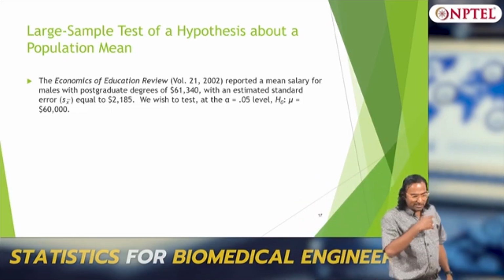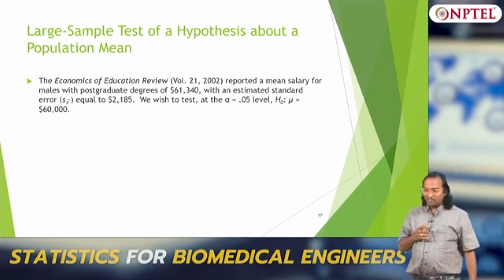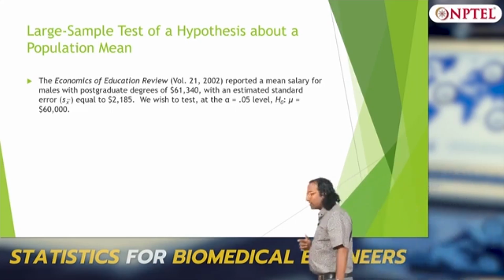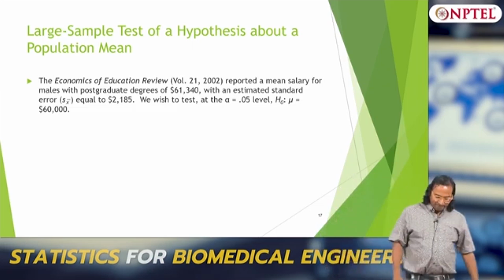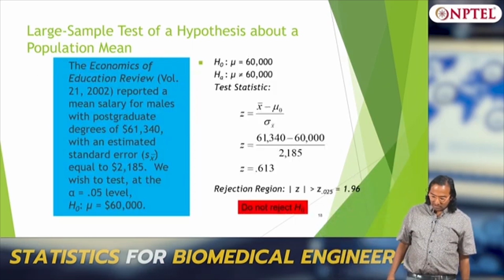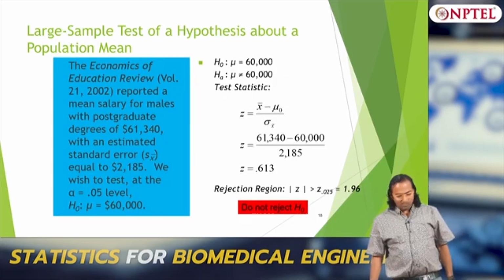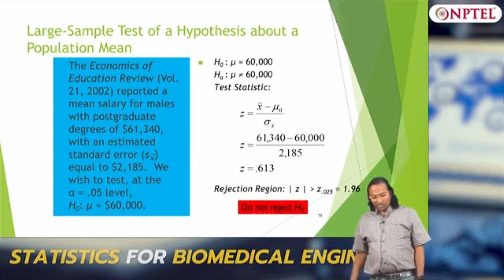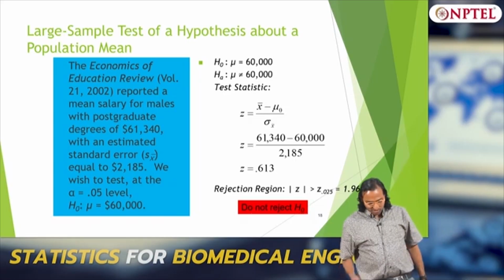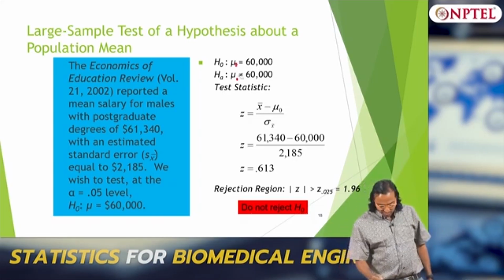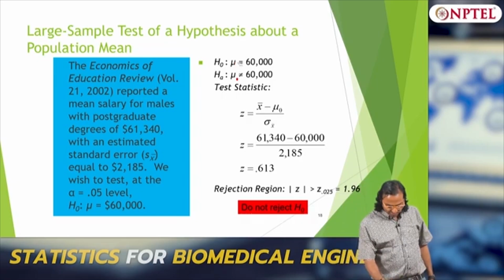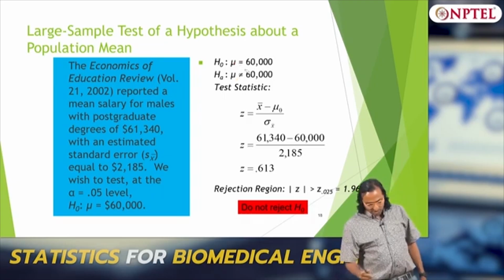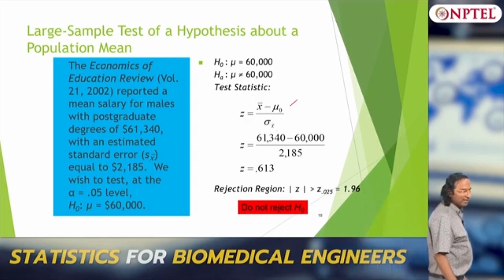Everyone, shall we try this? You have your mobile anyway, you can use it as a calculator for some time, you can try this. This is pretty straightforward, mu naught is 60,000, and the alternative is mu not equal to 60,000. X bar minus mu naught divided by sigma x bar, that is what we compute.